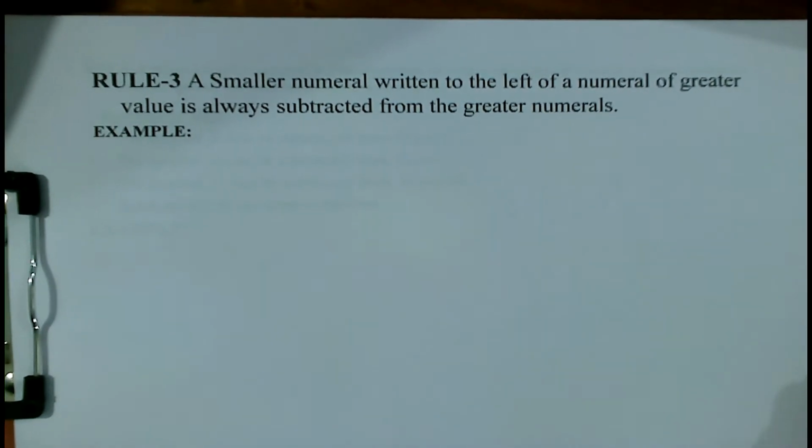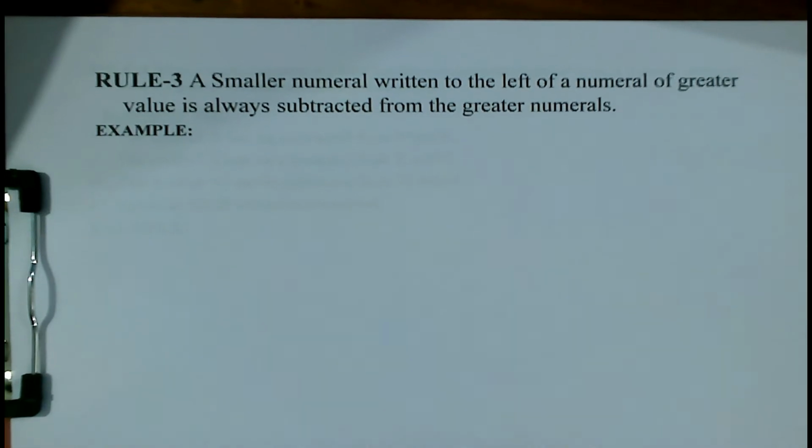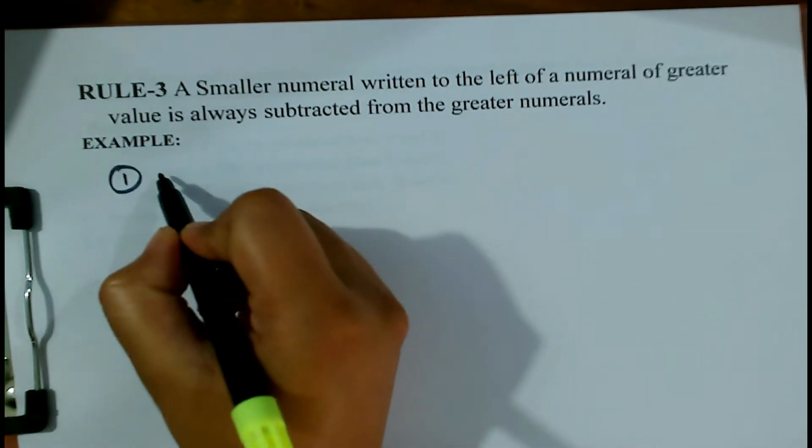Rule number 3 says a smaller numeral written to the left of a numeral of greater value is always subtracted from the greater numeral. Let's do an example. Example 1, IV.